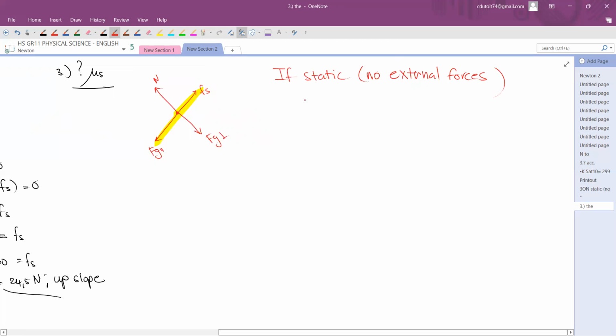Then you can just say that the mu s value, the coefficient of static friction, is tan theta or alpha. So that's tan of 30 degrees. I'll show you now why. Tan 30, and that is 0.58.